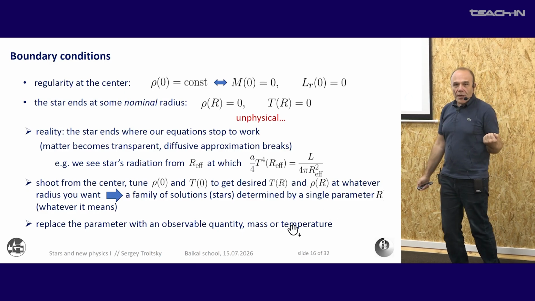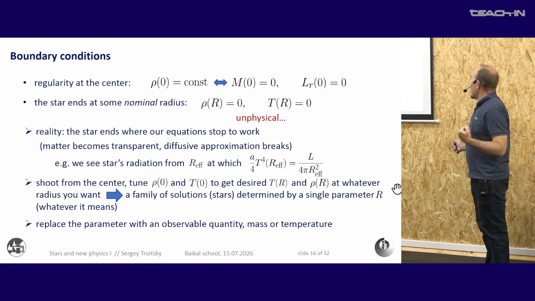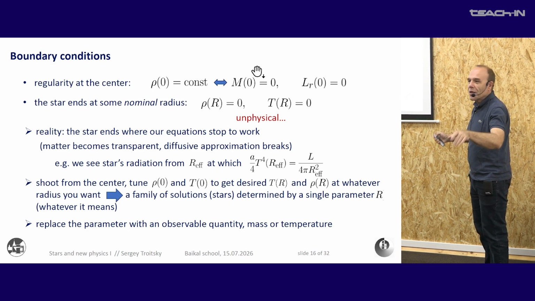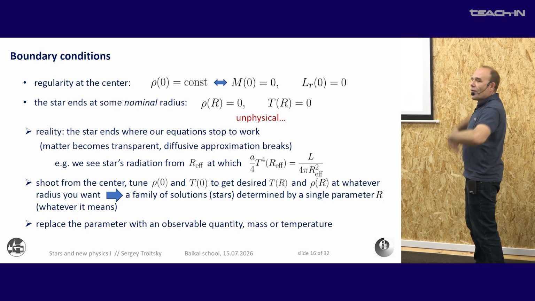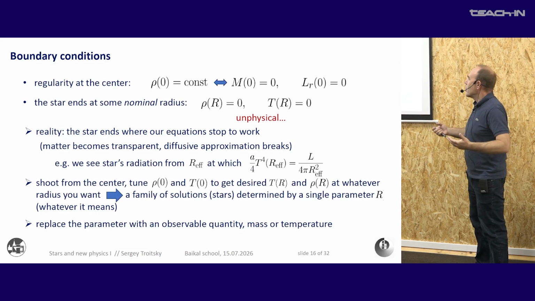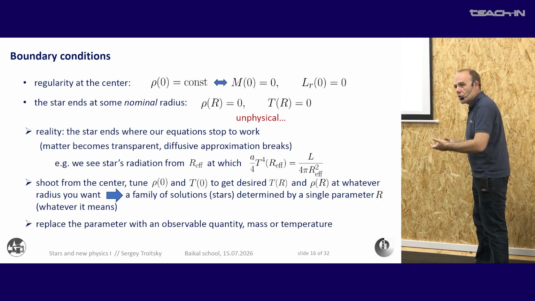And now the trick. The trick is that once we fix some r, okay, it is unphysical. We don't care. We fix it, find the solution, and with this solution we know everything. We know density and we know temperature distribution.